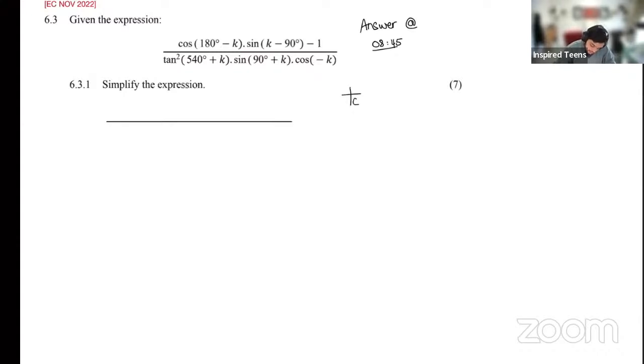So here's my CAST. Cos 180 minus, sorry, cos 180 minus is in the second quadrant where sine is positive. So this gives us therefore negative cos k.